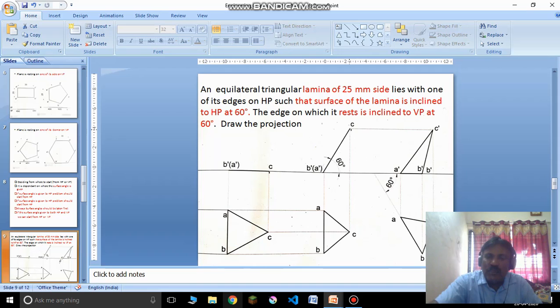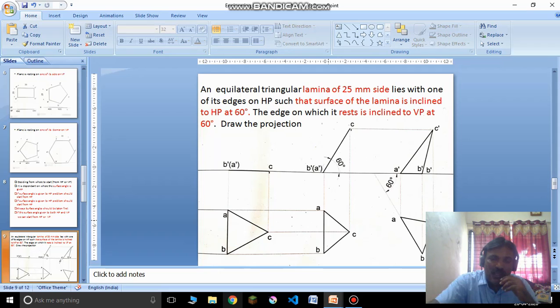Then it will be projected from the horizontal. This A and this A meet here, this B and this B meet here, this C and this C meet here. Then I will join A to B, B to C, and C to A. So that will give you the top view of the object.